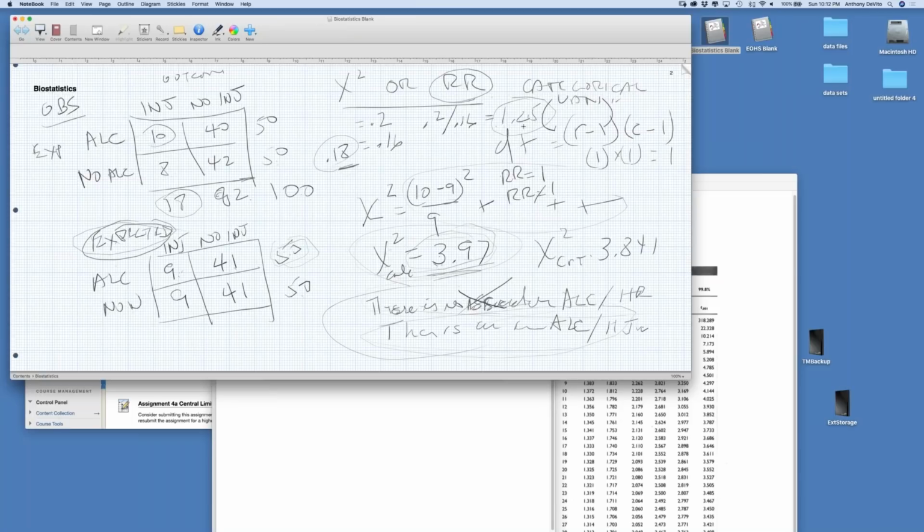So if the confidence interval for this 1.25 is 0.9 to 1.3, we can't say that it's not 1, so we can't reject the null hypothesis. But if it's 1.1 to 1.3, 1 is excluded, so we can reject the null hypothesis and accept the alternative hypothesis.